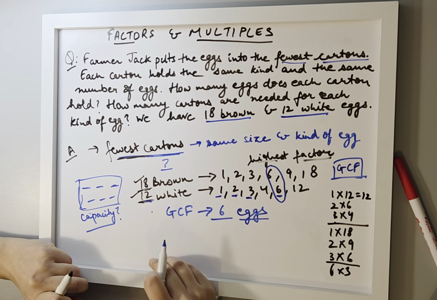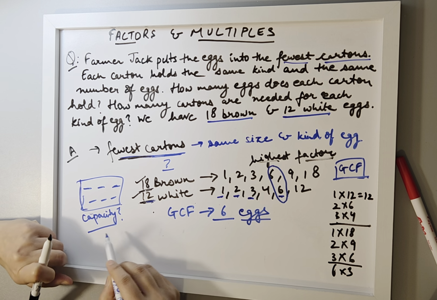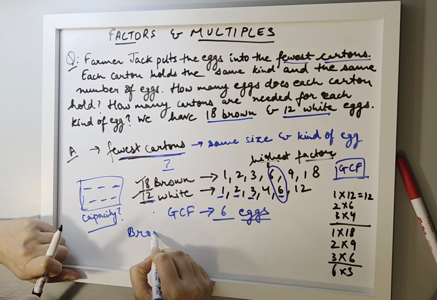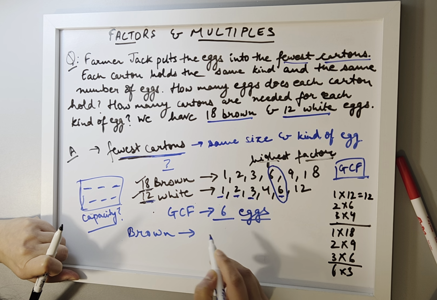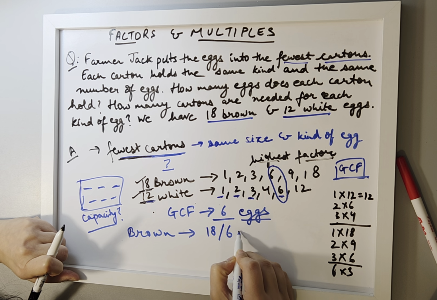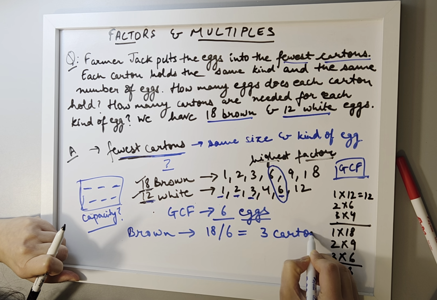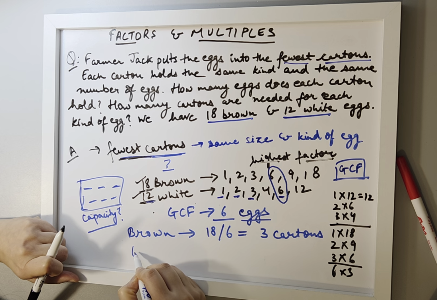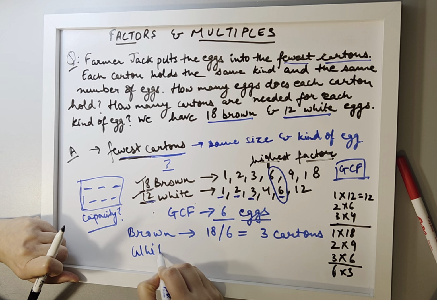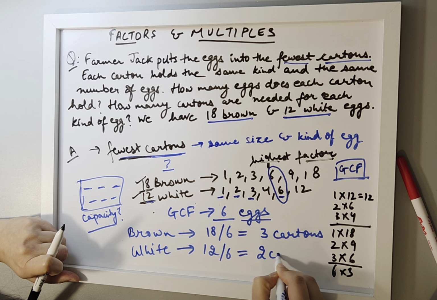Okay. And the next part of the question is how many cartons are needed for each kind of egg? So for brown, 18 eggs divided by 6 gives us 3. So we need 3 cartons for the brown eggs, and for the white, we divide 12 by 6 and we get 2 cartons.